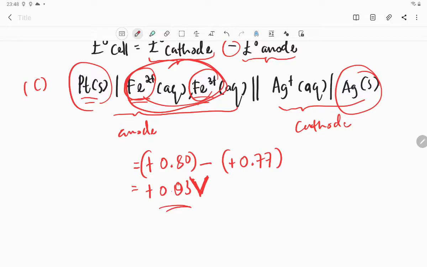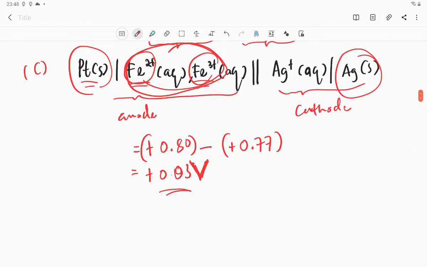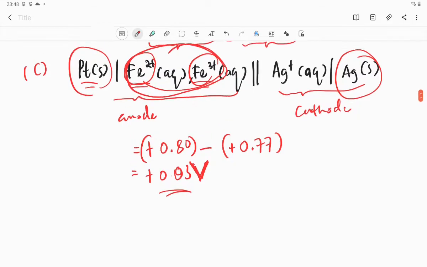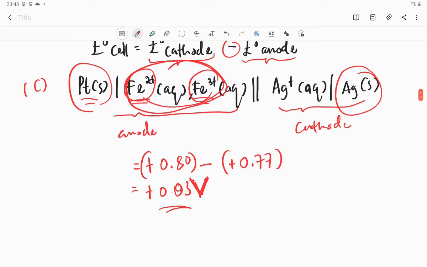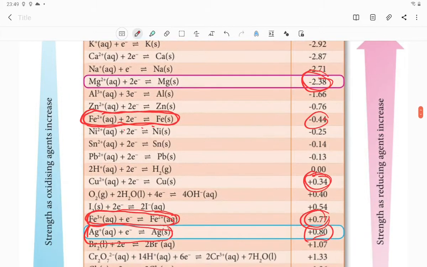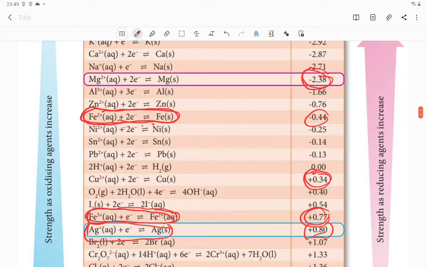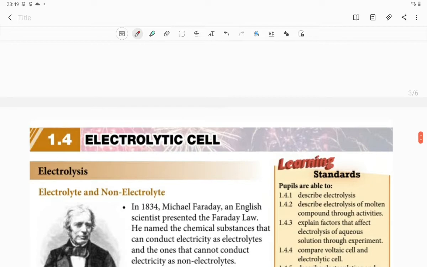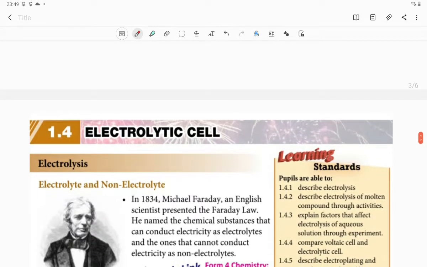Okay, alright. So that is 15 minutes on what you have learned from the previous class. Not a short throwback, quite a long throwback, but never mind. Because you need all the understanding that you gained from the previous class, so that you will be able to understand the new subtopic, which is electrolytic cell.